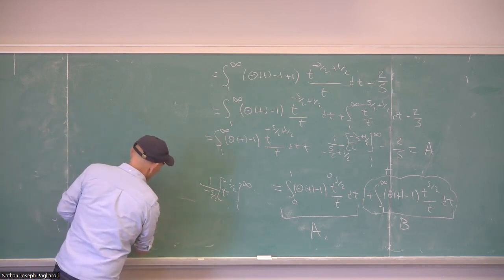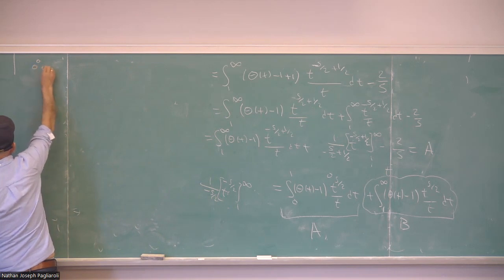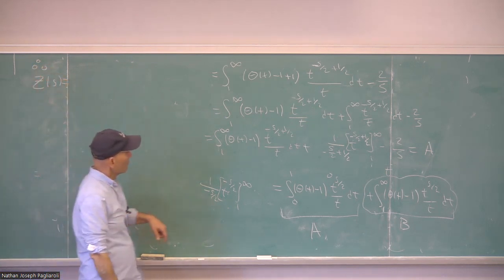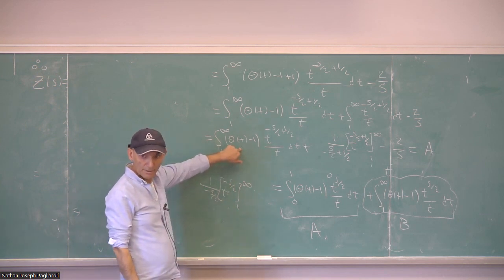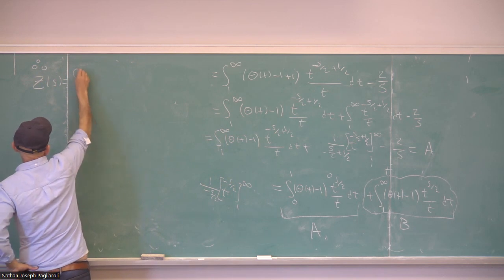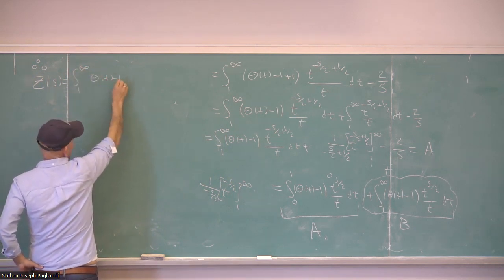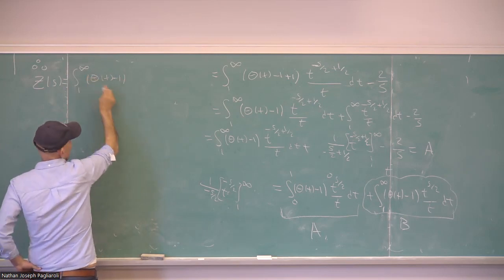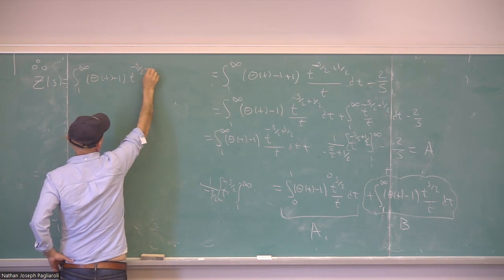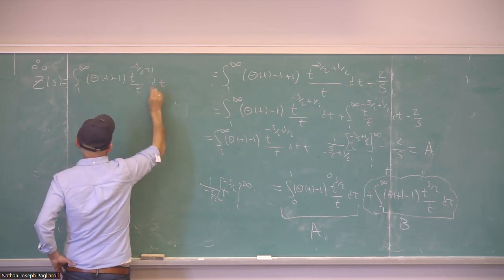So we have got that the completed zeta function Z of s is equal to, first of all, there is this part: the integral from 1 to infinity of theta of t minus 1 times t to the power negative s over 2 plus 1 divided by t dt.